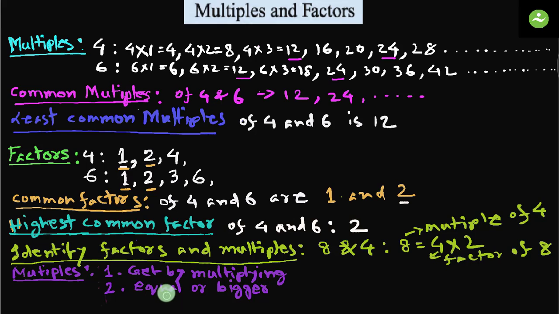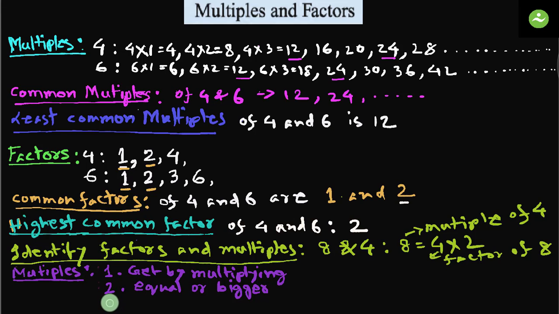For example, multiple of 4: 4 either equals 4 or bigger. 8 is bigger, 12 is bigger, 16 is bigger. So multiples are either equal to that number or bigger than that number.